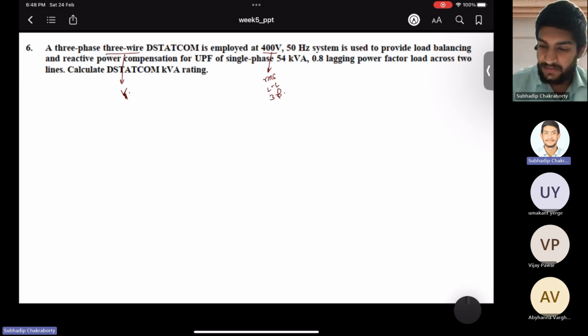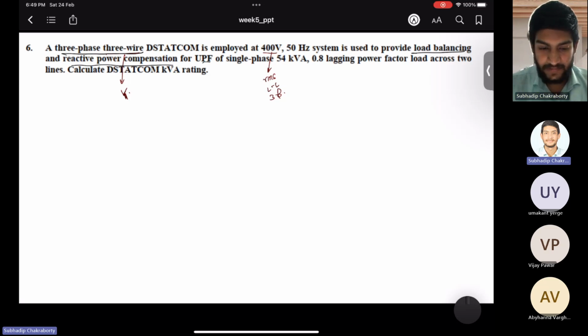Okay. So now just read what is asked. In the first problem, a 3-phase 3-wire DSTATCOM is there. So they are using a shunt compensator, and it is deployed at 400 volts 50 hertz. So the supply is 400 volts 50 hertz, and it is used for providing load balancing and reactive power compensation for unity power factor operation and a single phase application.